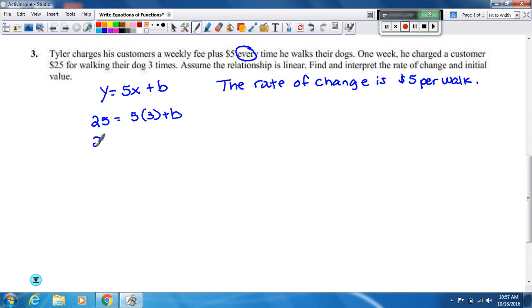Now we have to figure out what the y-intercept was. 15 plus b. Subtract 15 on both sides. So we get 10 for b. So the new equation is y equals 5x plus 10. So what this means is Tyler's initial walking cost is $10.